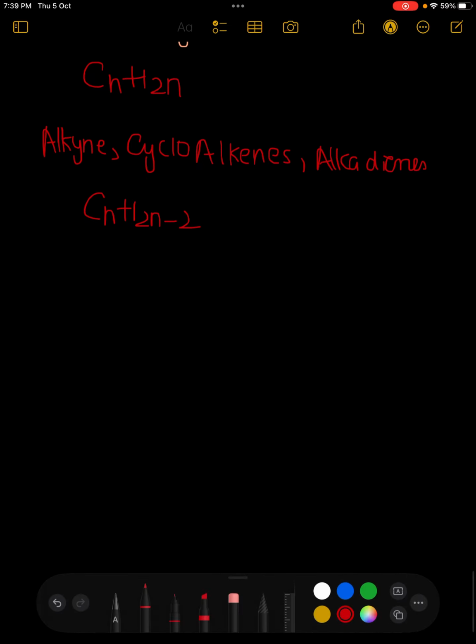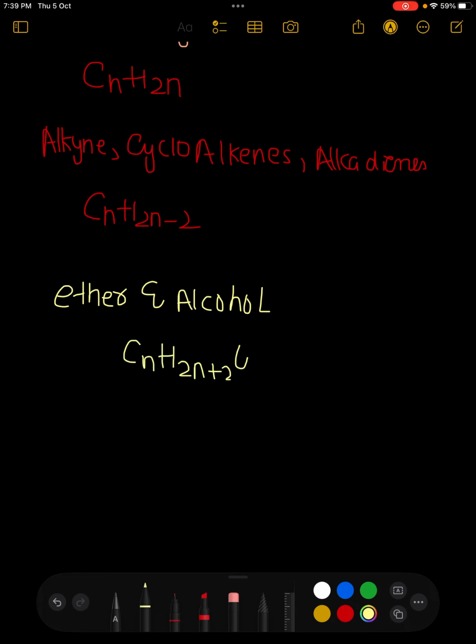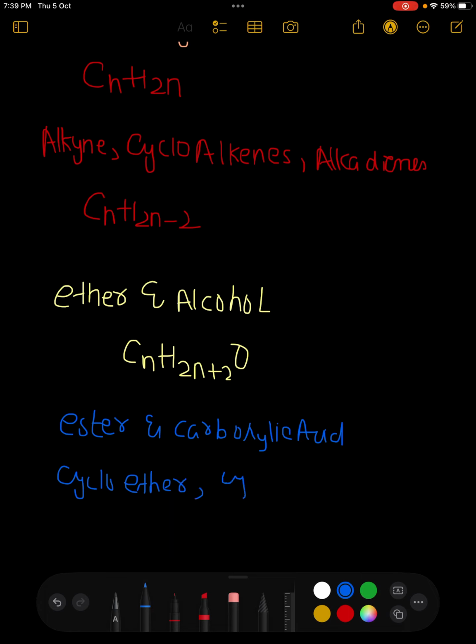Let's take more examples. For example, we take ether and alcohol. The formula will be CnH2n plus 2O, right? If, for example, let's take the ester and carboxylic acid plus cycloether and cycloalcohol.